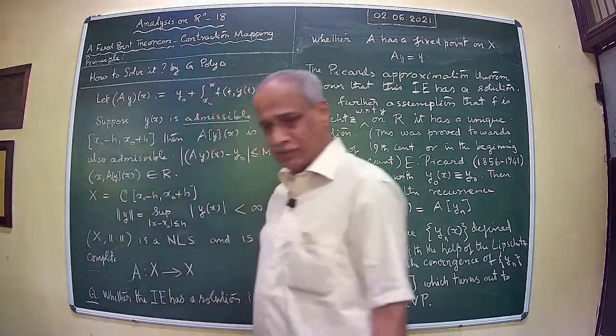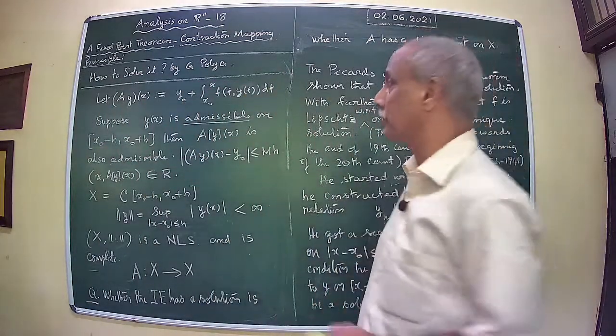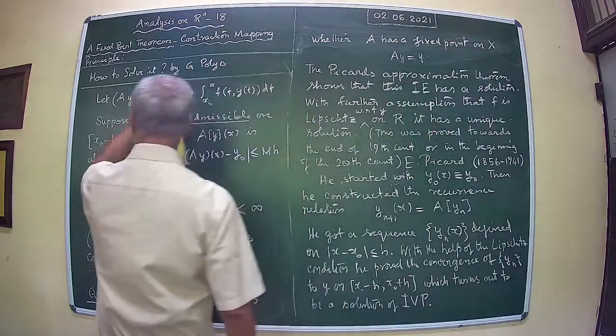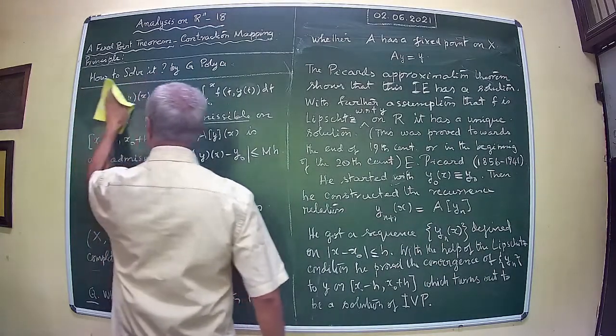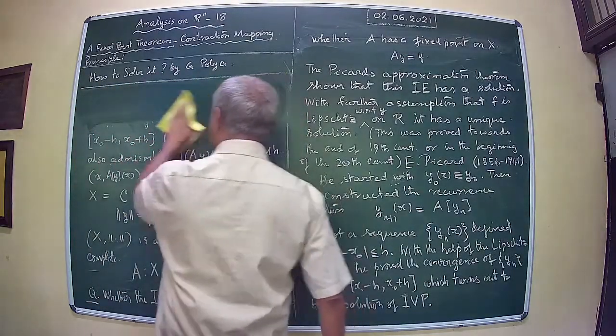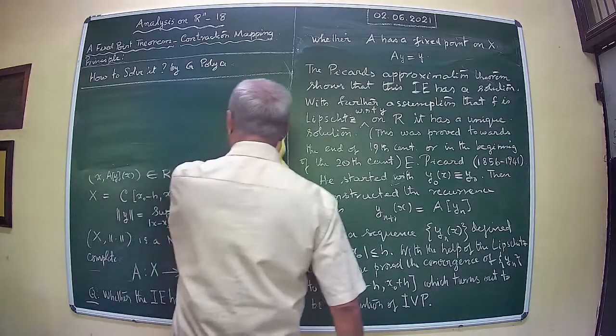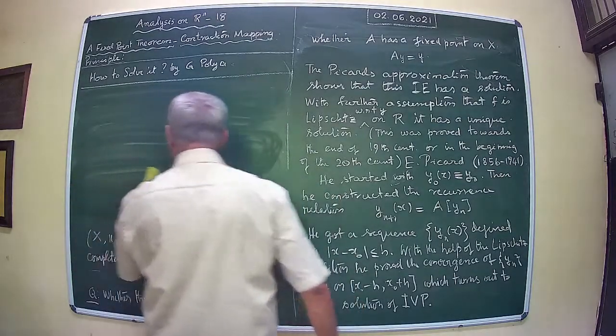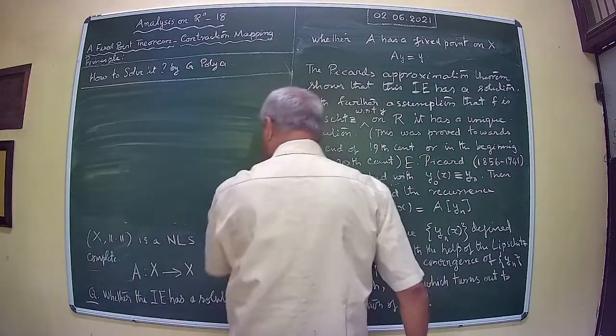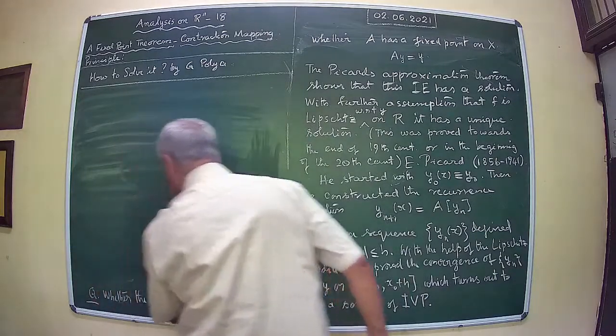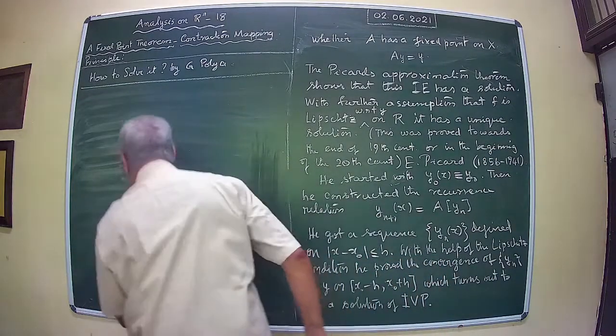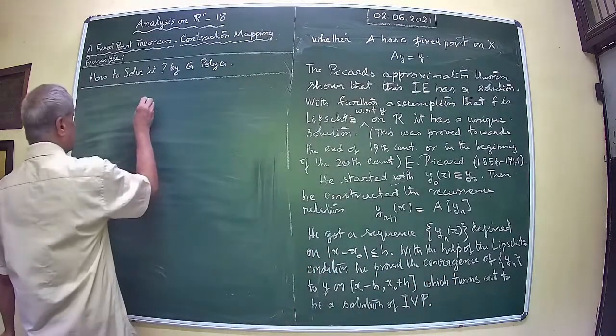Now let me make some remarks, and then after that I'll prove the main theorem. Okay. Let me make a remark. The remark is this: your A, see, it's a machine.